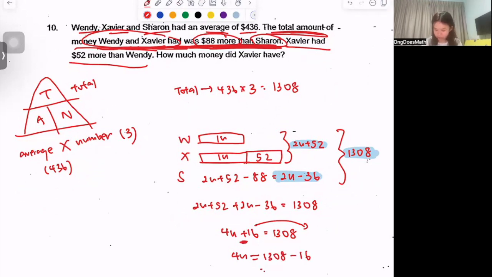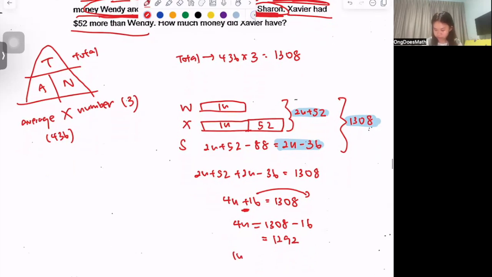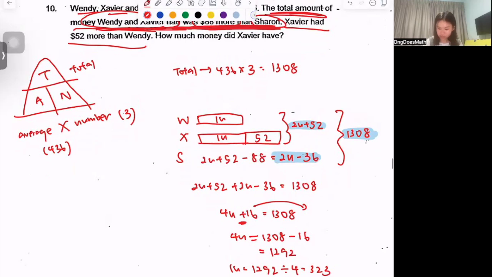So that should give you 1292. 4 units is 1292. 1 unit will just be 1292 divided by 4. So that should give you 323. The question wants how much money did Xavier have? So question mark is this purple guy over here, Xavier.